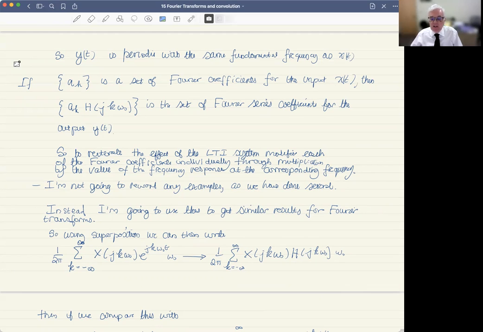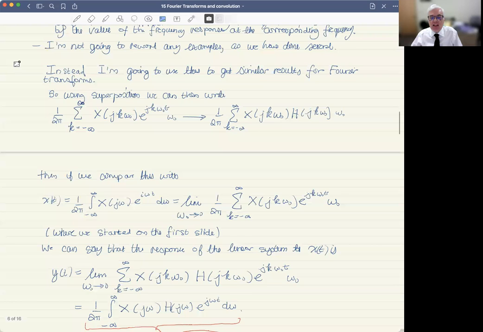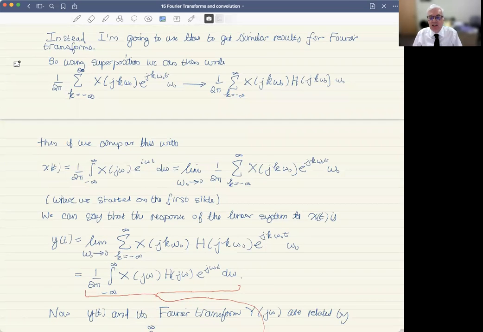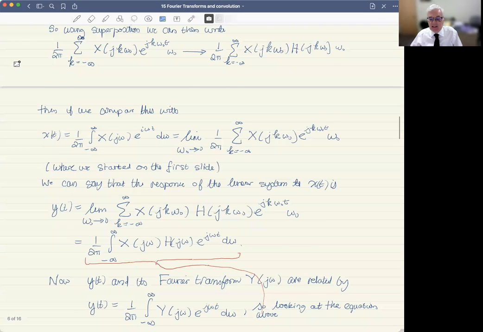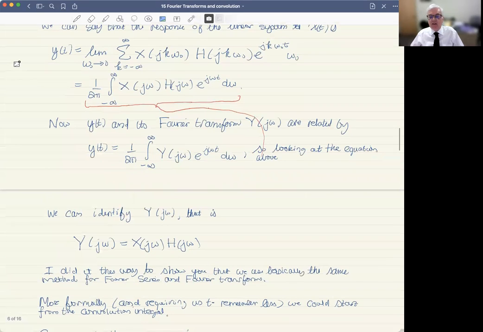So using superposition, we can write this result. And then if we compare it to our starting point on the first slide, we can say what the response of the system is. And then we also know that the response and its Fourier transform are always going to be related through an equation of this form.